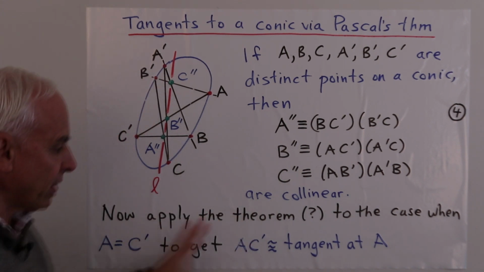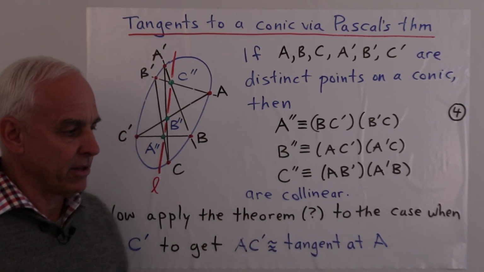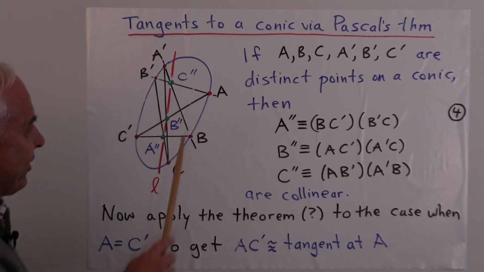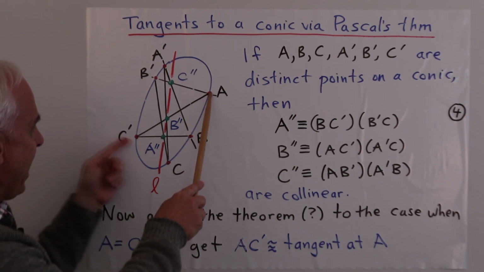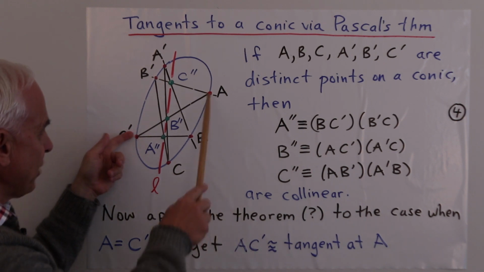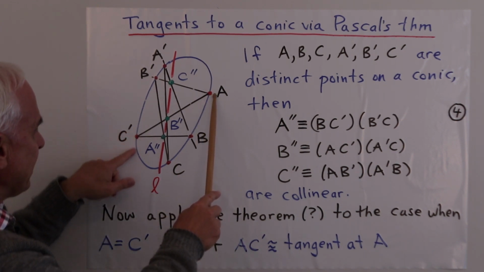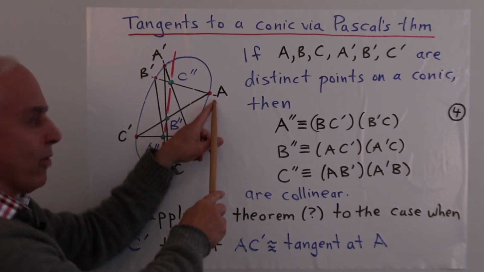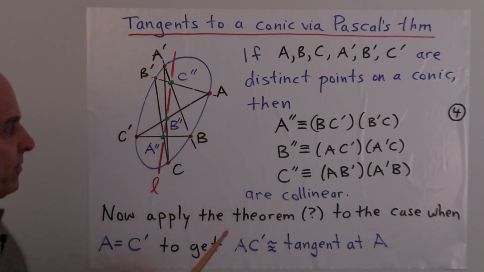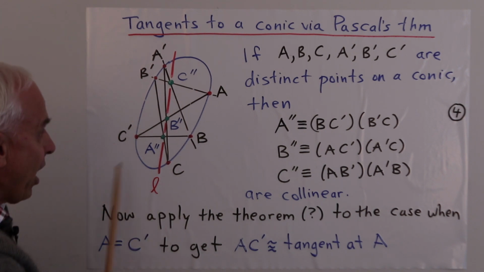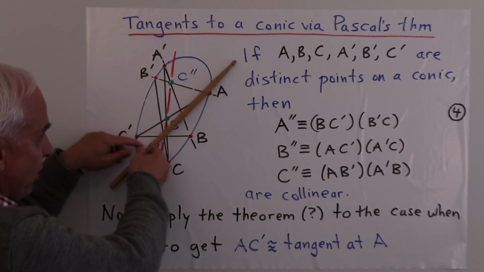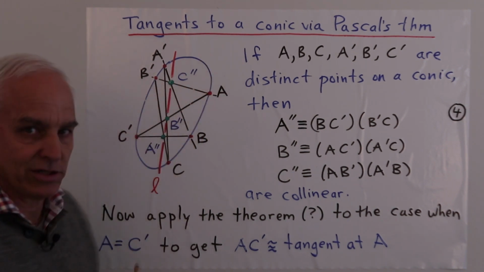So without going into a lot of details, we'll talk about it in the worked problems, but what happens if we look at the point A and C prime, if we apply this theorem to the case when A equals C prime. You can imagine moving C prime around until it gets pretty close to A. What's going to happen? Well, this line AC prime that joins A and C prime is going to move towards being a tangent.